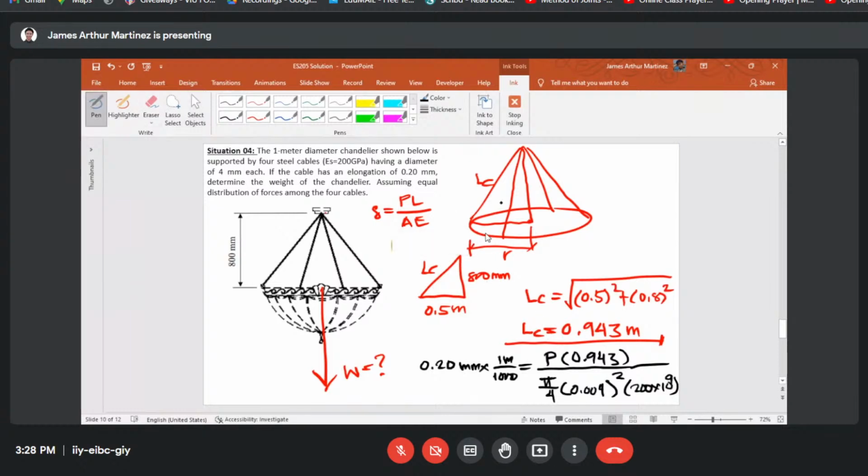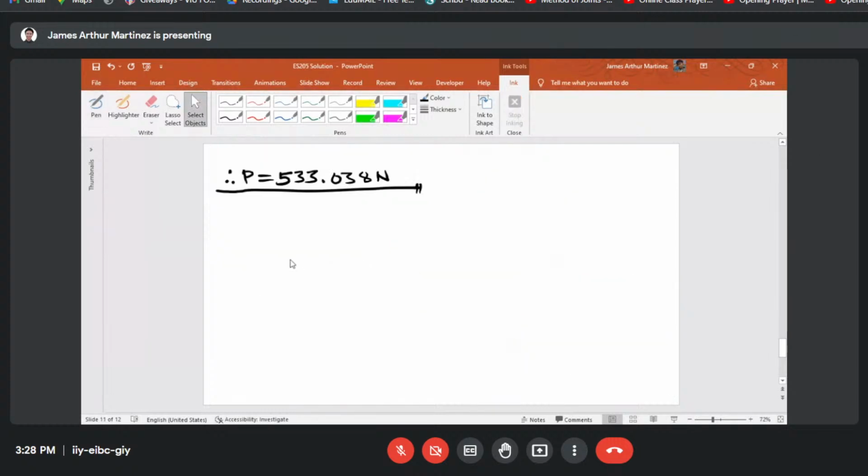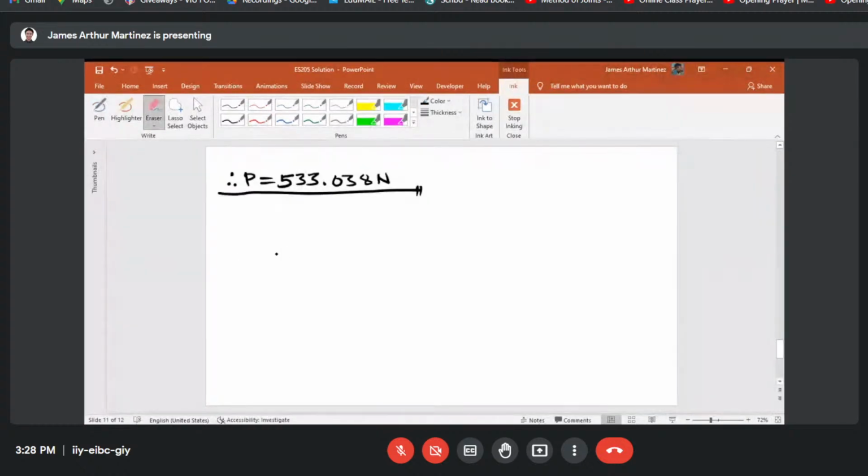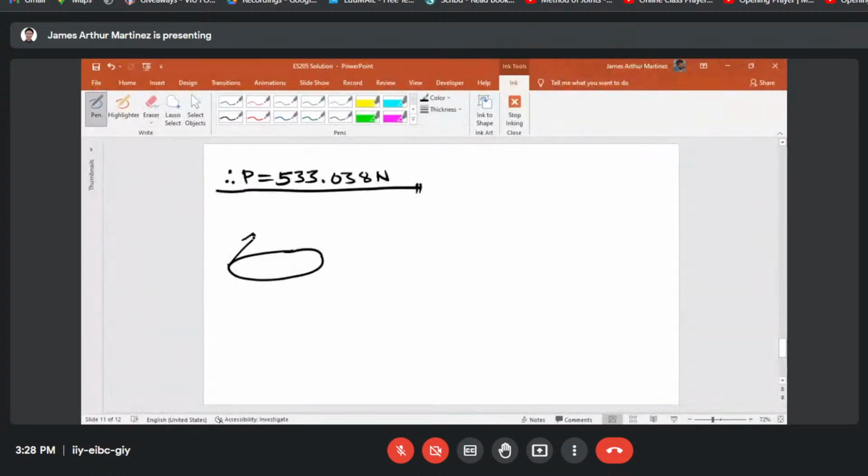So now, since we have the value for the internal reaction of our cables, how do we compute for W? We will have this illustration showing the internal reactions of your cables, starting with P. Let's say this is the centroid. Then this is the weight of your chandelier.